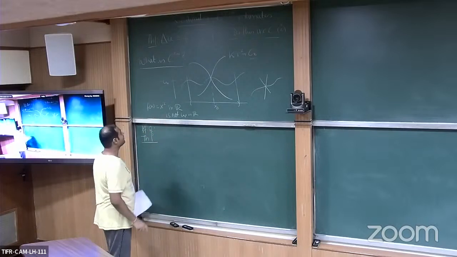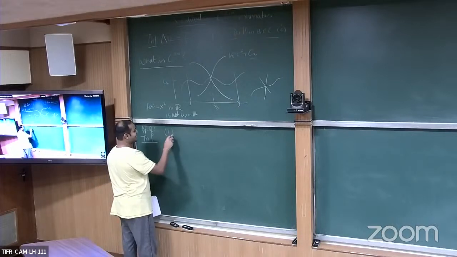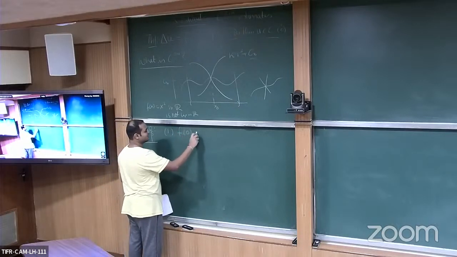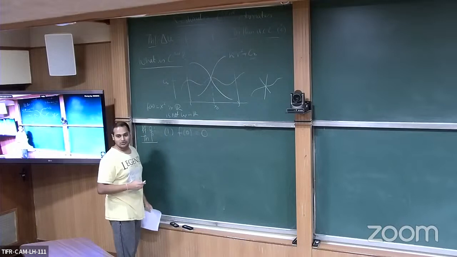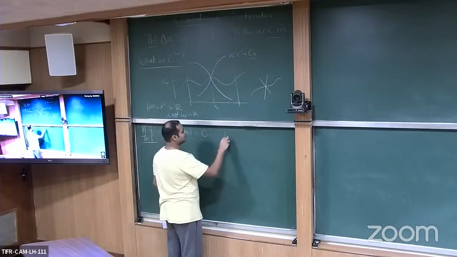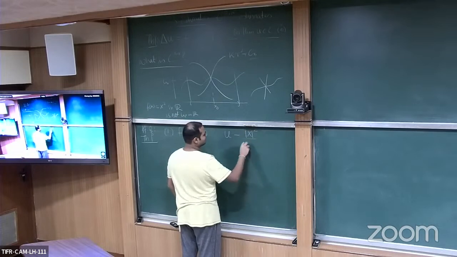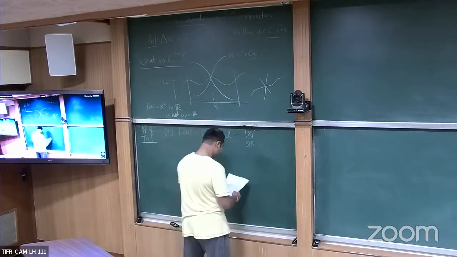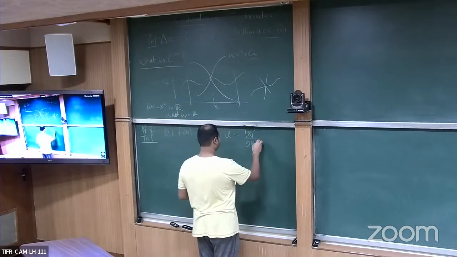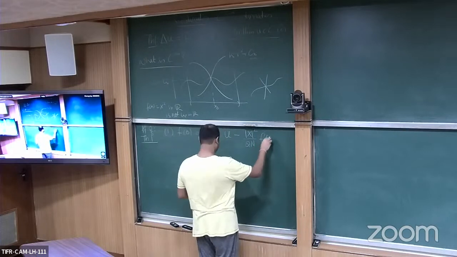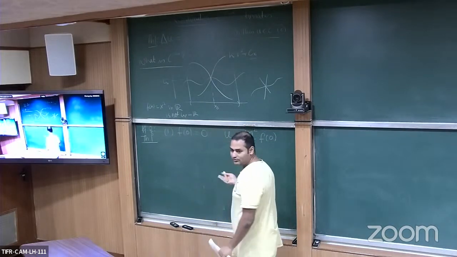Okay, so first of all, I can always assume f of 0 is 0, right? Why is this so? Because I can always subtract off a parabola. So I can always assume f of 0 is 0.